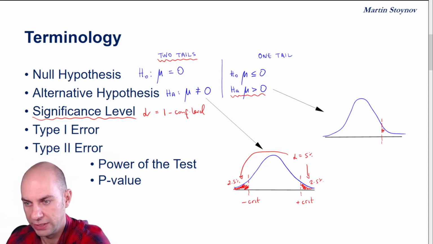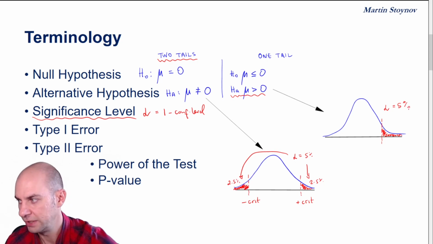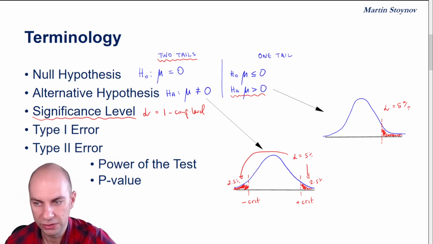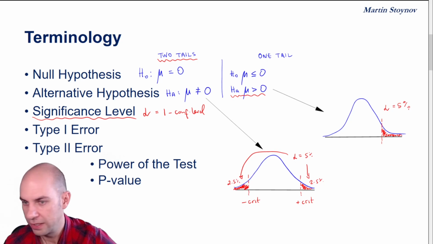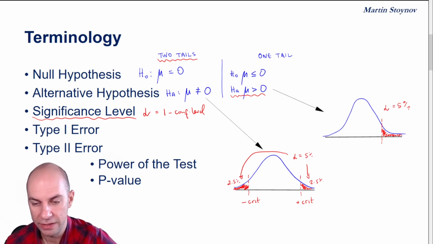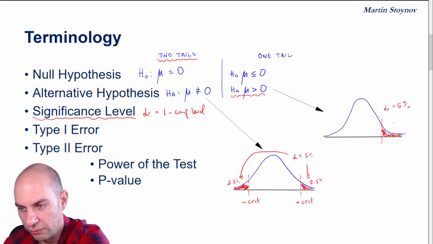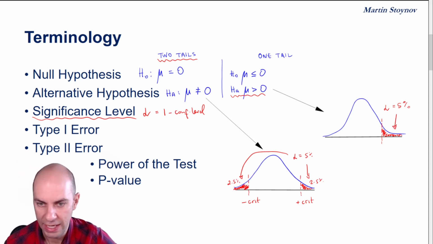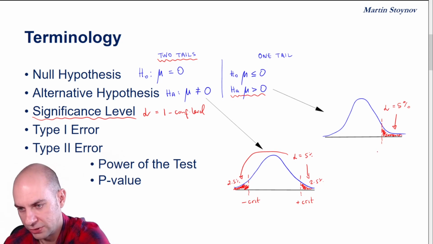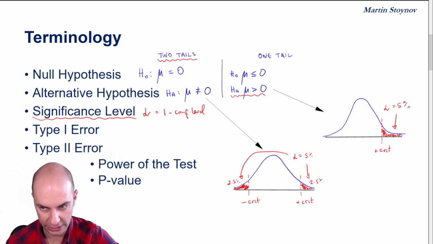So I'm interested in the tail to the right. But once again, I am performing a test, let's say at the 5% significance level or the 95% confidence level. And that is telling me that now the entire 5% is in this tail, right? And therefore that's going to affect my critical value.